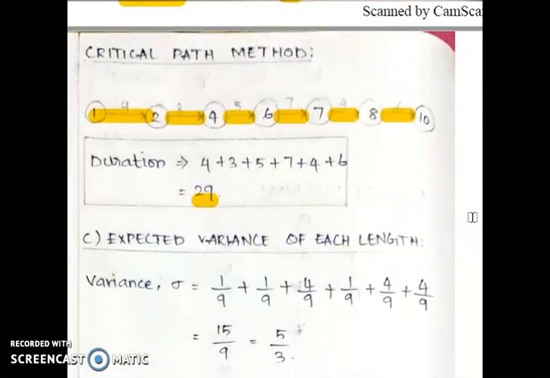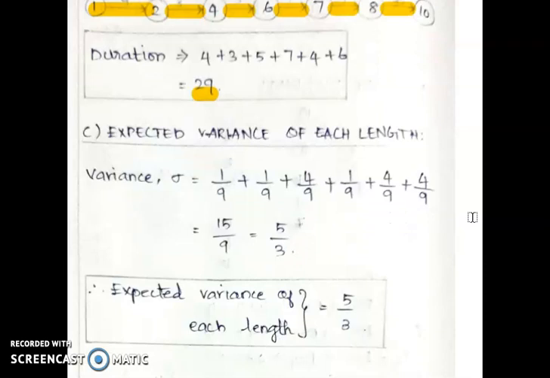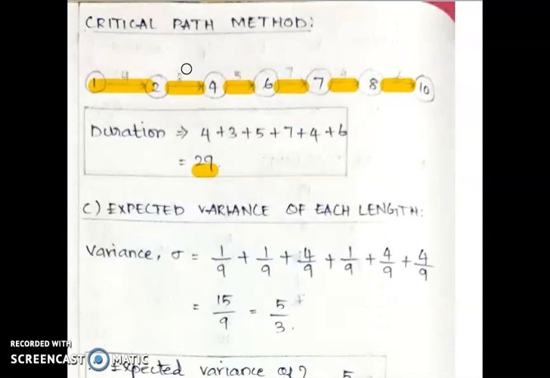Next, in the solution, we have to find the expected variance of each length. The reason we find the duration is the reason we find the critical path method. In the critical path method, the path is 1 to 2, 2 to 4, 4 to 6, 6 to 7, 7 to 8, 8 to 10.